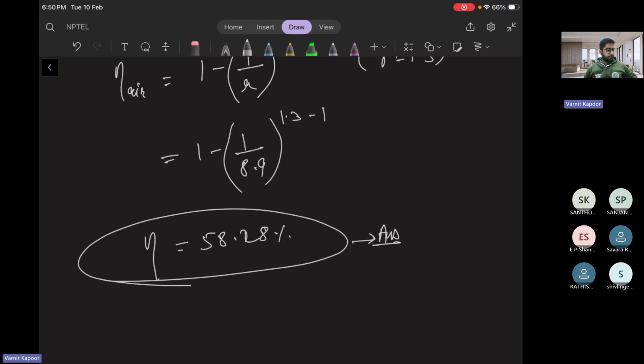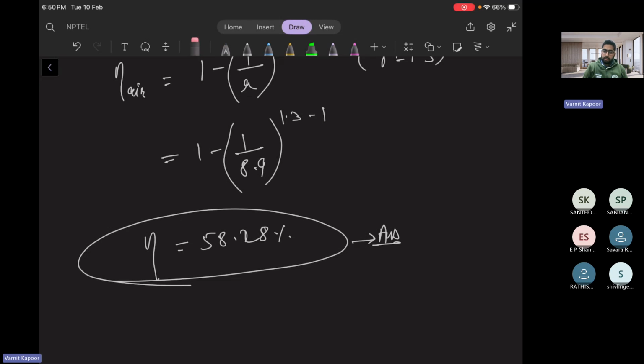Any doubts? Sir, actually, from this, the value is 48.09, and if we use adiabatic value 1.4, then the value will come 58.28. Actually, prior I had made a mistake, so my value was not matching.